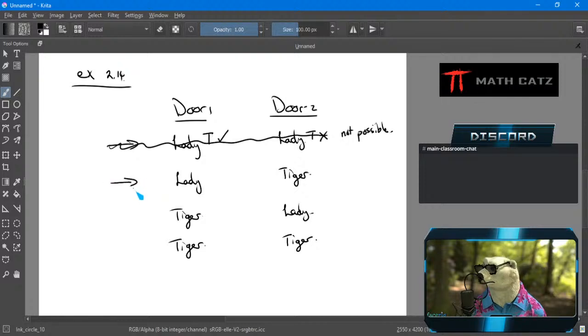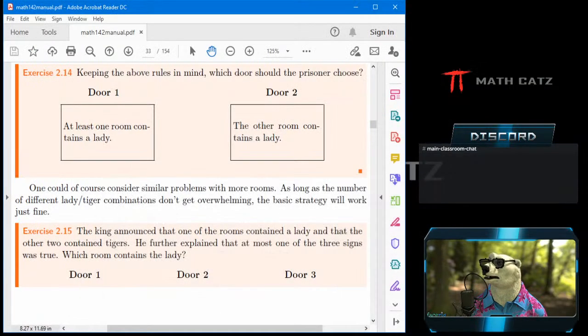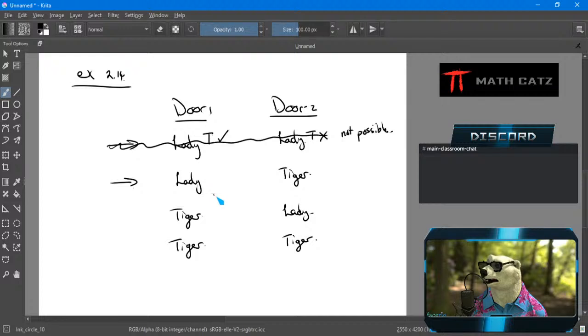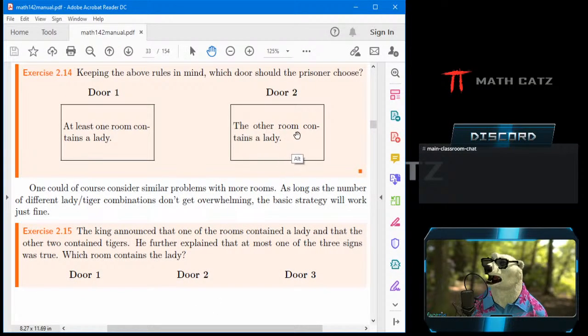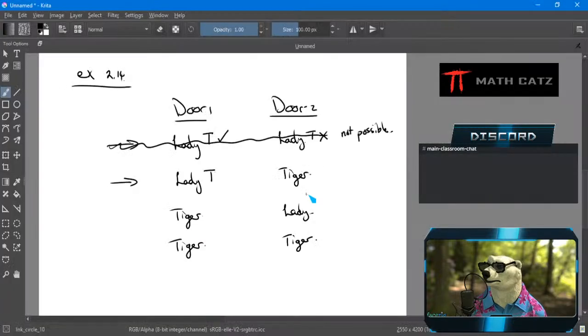Moving on to the Lady Tiger scenario. Door 1 says, at least one room contains a lady. Just to get you involved, true or false? True. Door 2 says, the other room contains a lady.